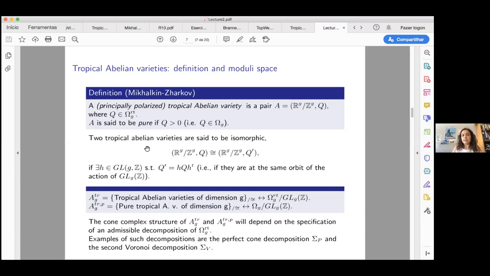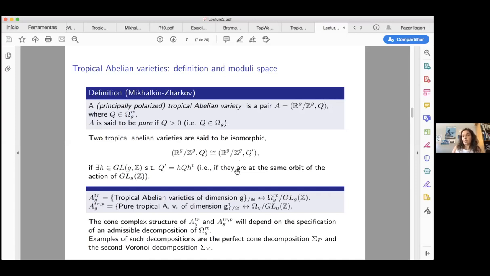We say that two tropical varieties are isomorphic if the quadratic form of one is sent to the quadratic form of the other via the action of the group GL_g(Z).